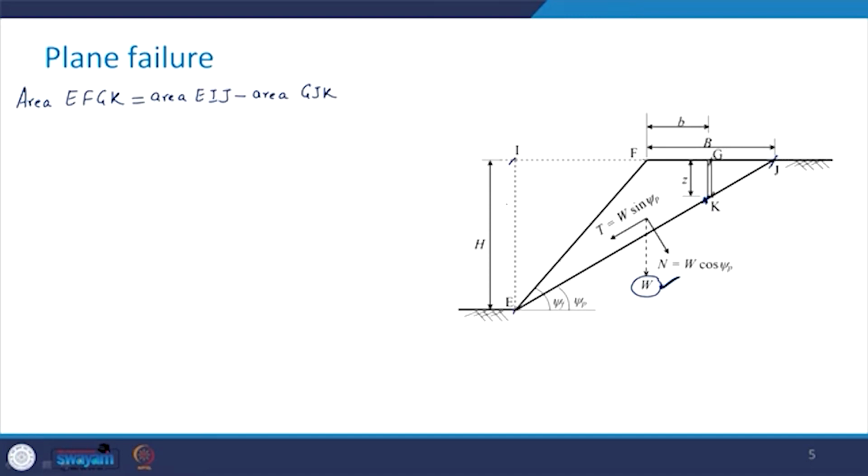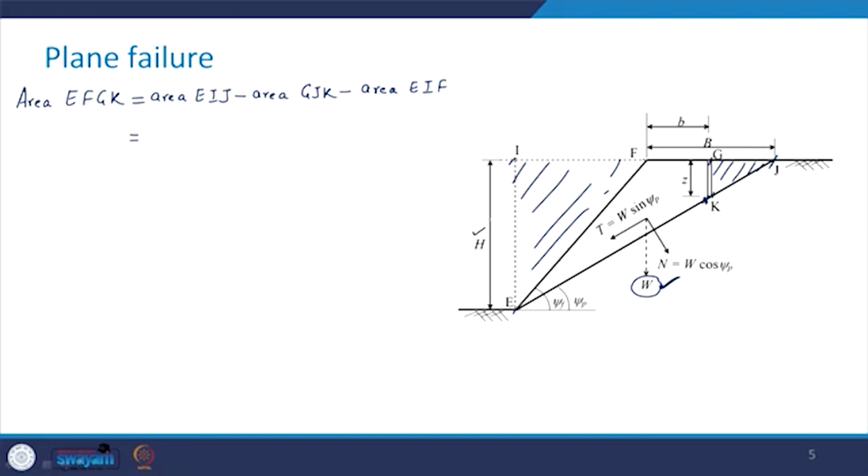So, from this complete area, I am removing this area. But I am still left with this total area. So, I have to do away with this area as well in order to get the area EFGK. So, I will have another term, minus area EIF. Now, use simple trigonometry to obtain this area EIJ and see what we get.